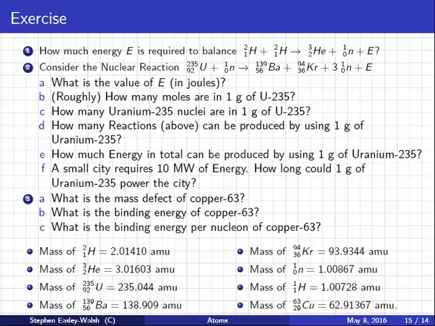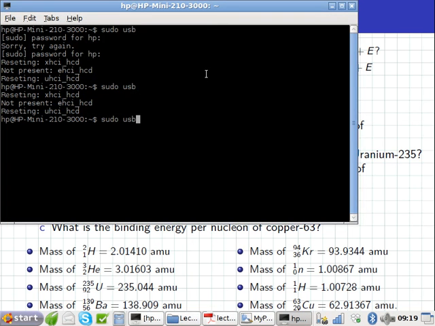So the question is, if you had 1 gram of uranium, how many of these can you get? It's the same number as the part C, because you need 1 atom of uranium-235 for each reaction here. The neutron, you get that for free. It just gets fired out. So the answer for D is the same as the answer for C.